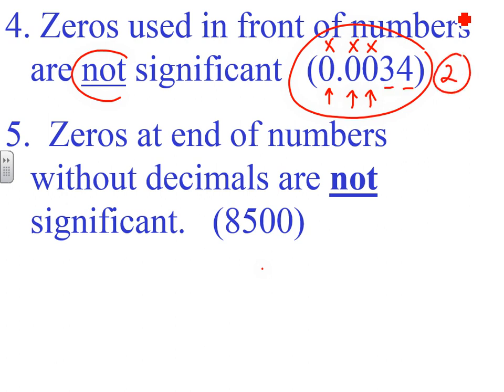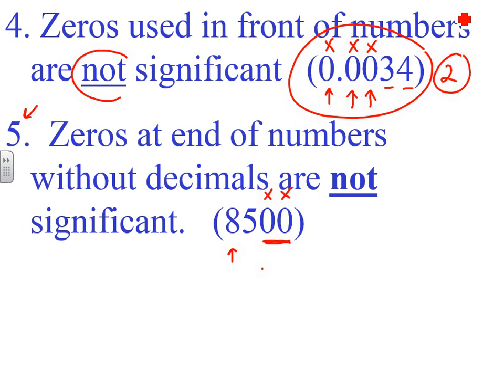And finally, rule number 5 says zeros at the end of numbers without decimals are also not significant. Think of this example. These 2 zeros are not significant because there is no decimal place. We're saying it's about 8,500. Now, the real answer could be 8,520, 8,545.